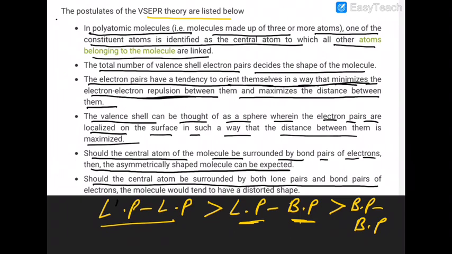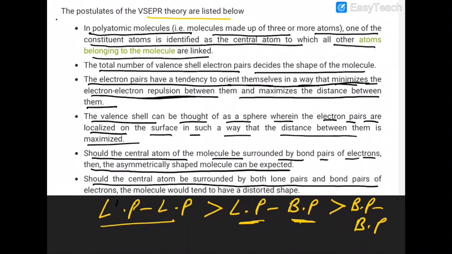If it is sp hybridized, it is linear. If it is sp2 hybridized, it should be triangular planar. If it is sp3, it is tetrahedral. If it is sp3d, it should be trigonal bipyramidal. If it is sp3d2, then it should be octahedral.